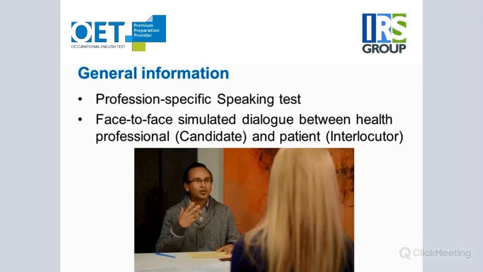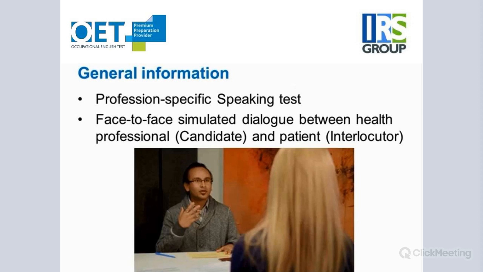Okay, so it will be a face-to-face test. On the test day, you will have an interlocutor who would be in front of you. He would brief you about what it's all about. He or she would provide you with two role play cards, one by one.